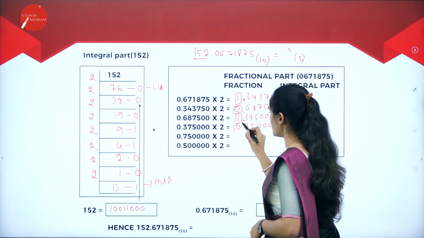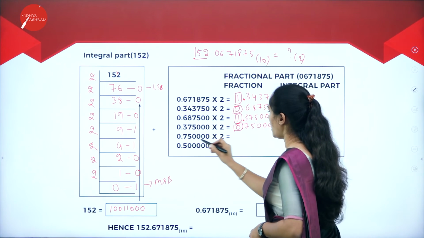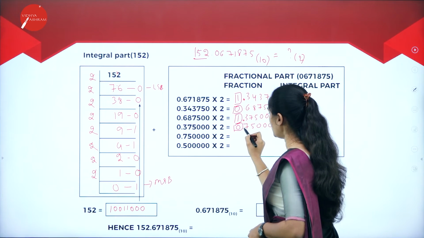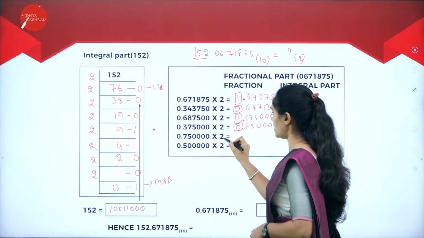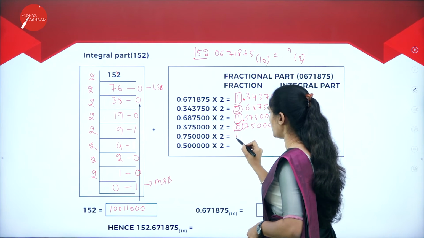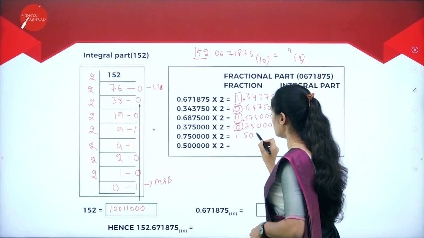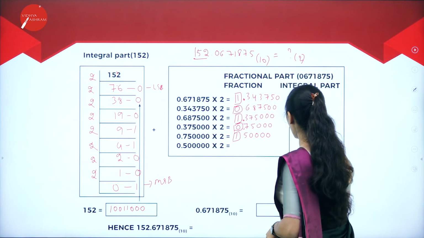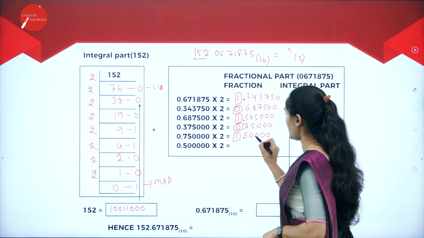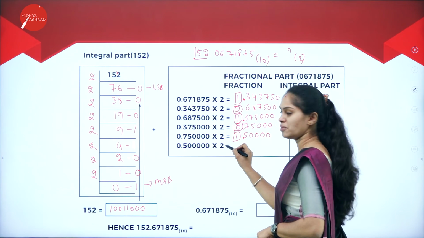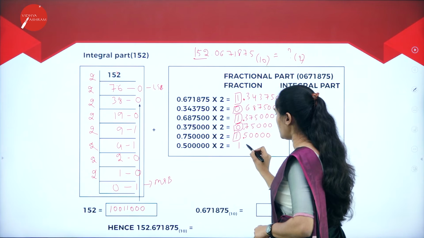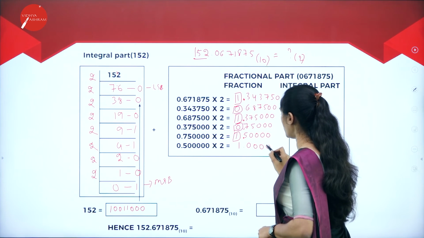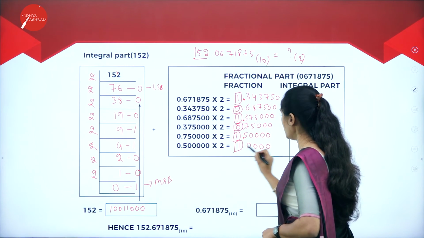This 0 becomes the carry now, and 0.7500 will be multiplied by 2. Then we will get 1.50000. This becomes the new carry, and again 0.5000 will be multiplied by 2. Then we will get 1.0000. So this will be my new carry.